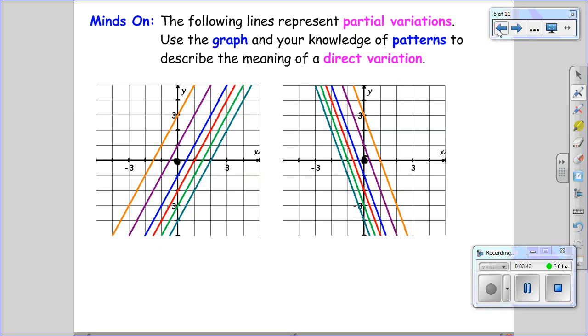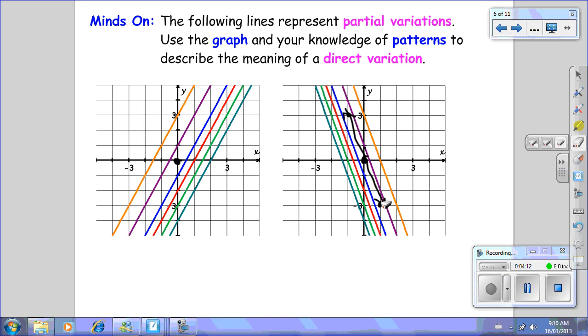If I go back to the lines of the partial variations, if I moved all these points down 1 on this black line, the line would be a direct variation through the origin. If I drew those points down 1, I would now have a direct variation. However, I don't.